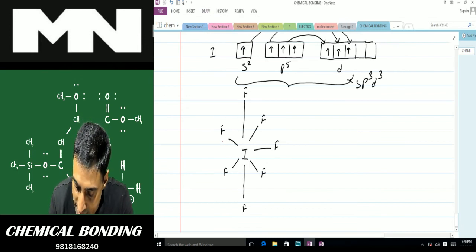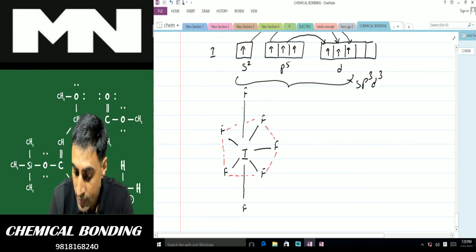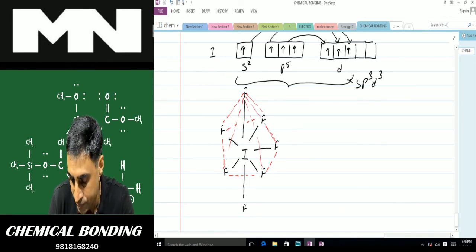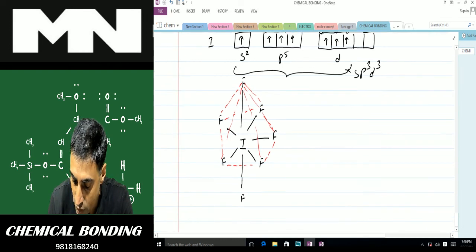If I connect these fluorine atoms, you'll see we are getting a pentagon. So I'm getting a pentagon. If I connect these fluorine atoms, I'll get a pyramid on the top, pentagonal pyramid. Likewise, a pyramid I'll get on the bottom also. Here I'll get this pyramid.